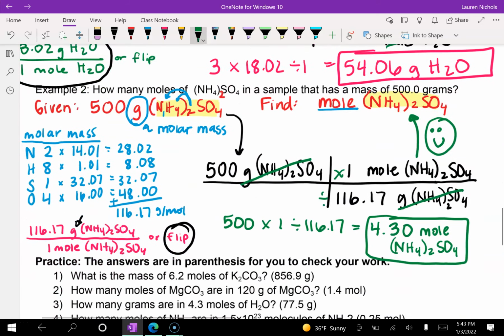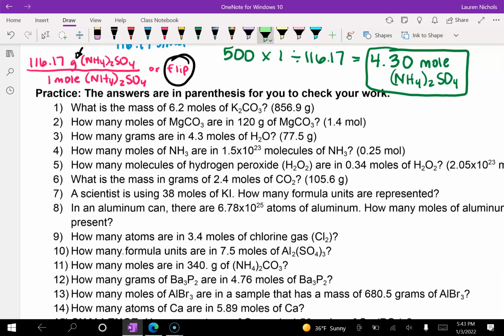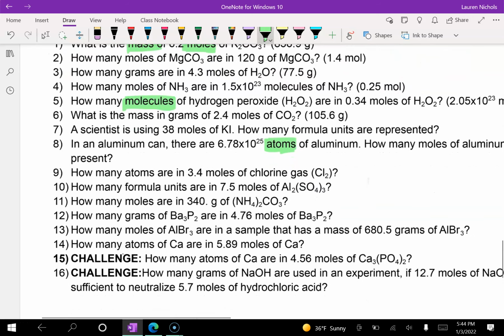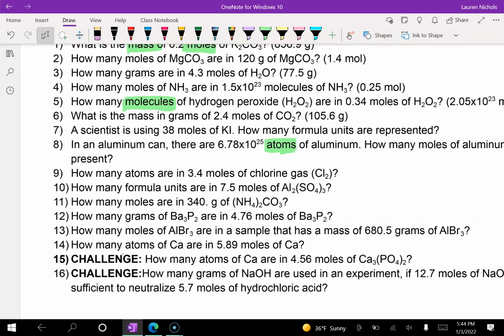Because you'll notice that some of these talk about grams, mass, and moles, but some of them talk about molecules or atoms, which would mean Avogadro's number. So please pay attention to your units. You're going to have to decide which conversion factor you need for all of these, and you have 2 challenge problems at the end.